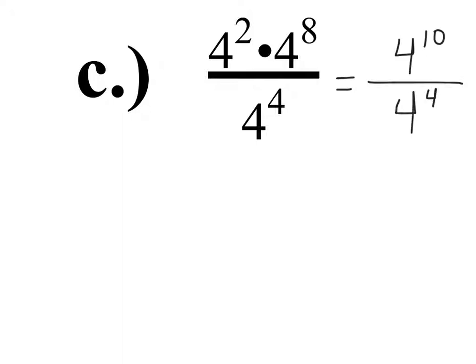And now you can go ahead and simplify that. Same base and division, you're going to do what? Subtract. 4 to the 6th. 10 minus 4. Because you're canceling out 4 from the top.